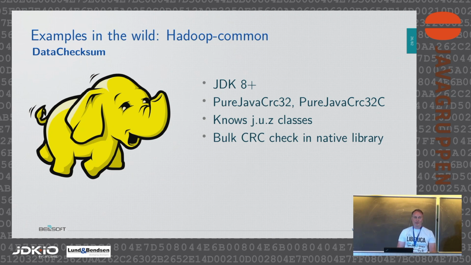For example, you can use a pure Java CRC implementation for CRC32 or CRC32C, written in plain Java. By the way, it probably doesn't take into account your endianness. That's funny.